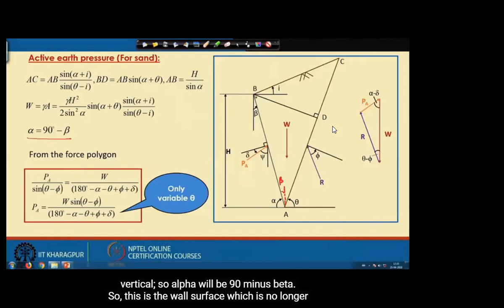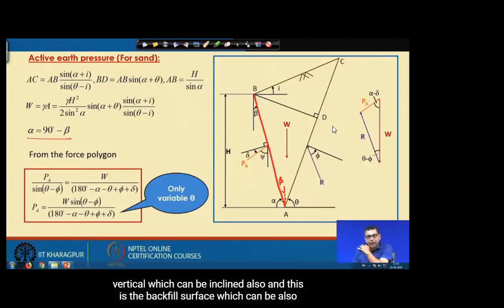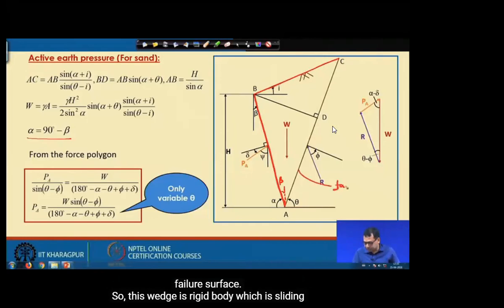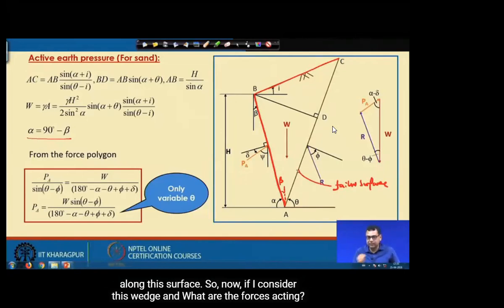This is the wall surface which is no longer vertical, this is the backfill surface which can also be inclined, and this is the failure wedge. This is the planar failure surface. So this wedge is a rigid body which is sliding along this surface.